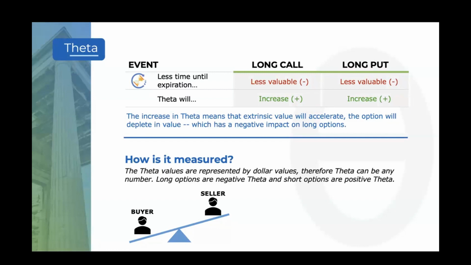It's a straight line, and then about 14 to 21 days until expiration, theta decay rapidly accelerates because time has run out. That extrinsic value is gone. When your option expires, it's normally only worth its executable value or nothing, because time's gone. Makes sense. That has a negative impact on long options.